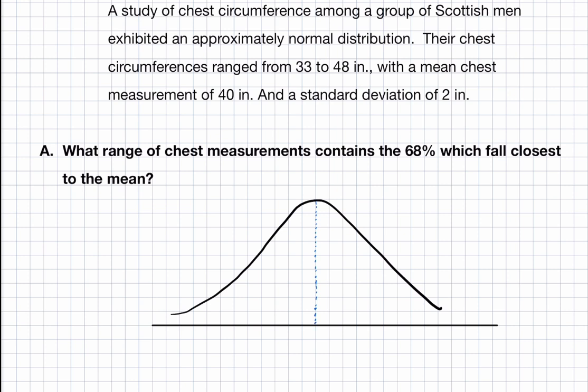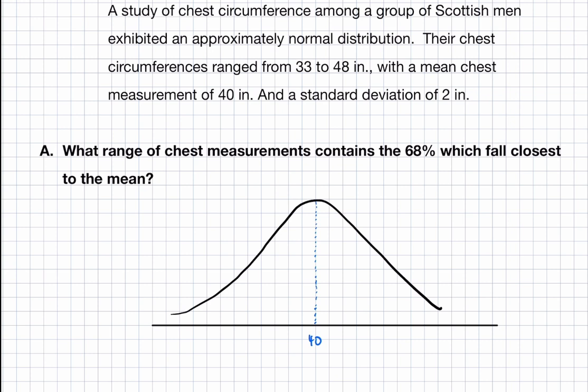And we're told that the average chest measurement is 40 inches, so we would go ahead and notate this as 40 inches, and we're told that the standard deviation is 2 inches. So we're going to move in intervals of 2 inches.